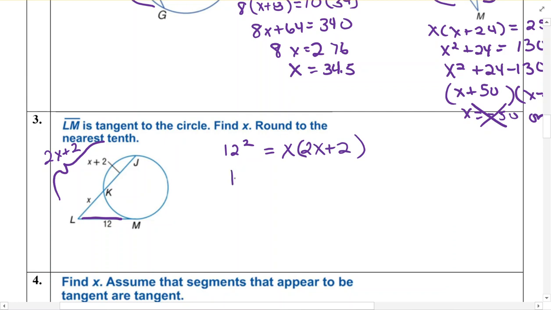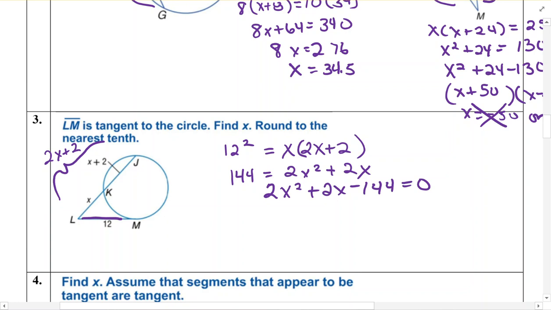So 12 squared is 144. That would equal 2x squared plus 2x. So we have 144 equals 2x squared plus 2x. Subtract the 144 to the other side. We have 2x squared plus 2x minus 144 equals 0.